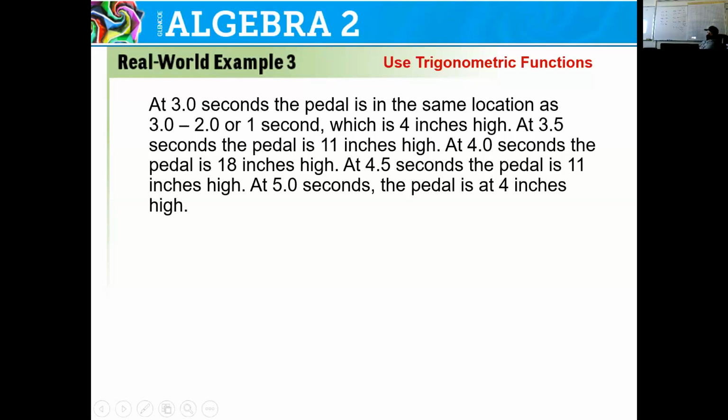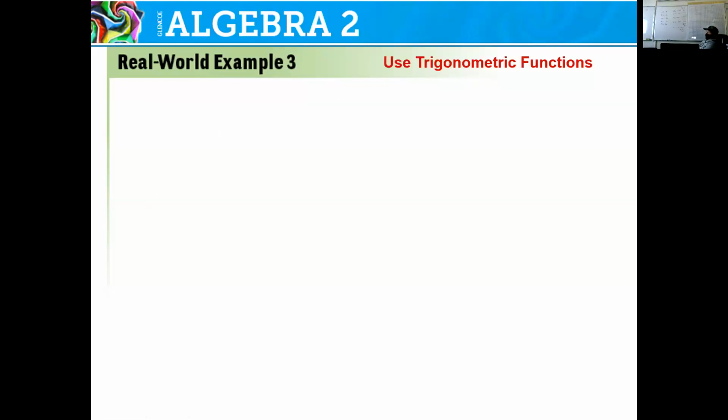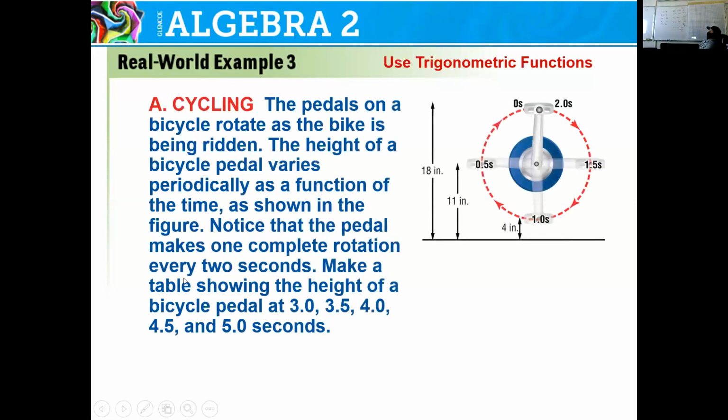You have to use the information that's given to you. They told us when it completes a full period. It's rotating every 2 seconds, a complete rotation. So it started here, and then it rotated all the way to here.